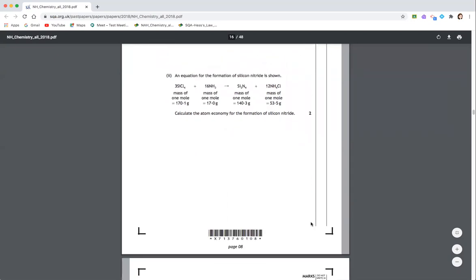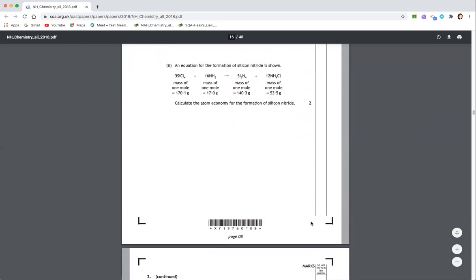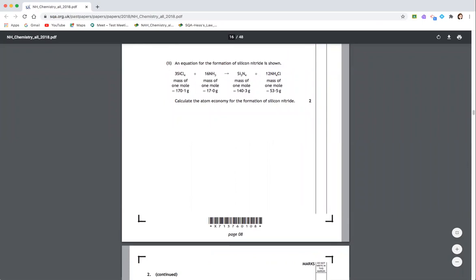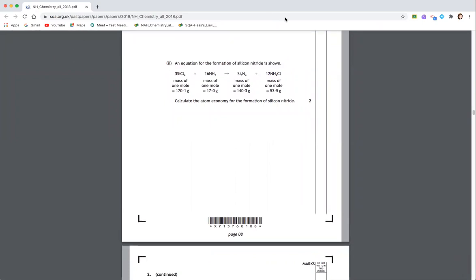2C part 2, calculate the atom economy for silicon nitride. So the equation for atom economy can be found at the front of the data booklet.